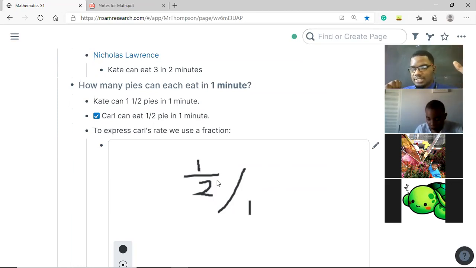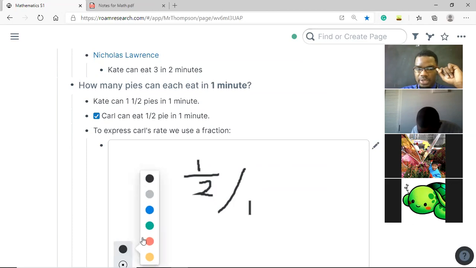Carl can eat half a pie in 1 minute. Exactly. And you express it by putting a half divided by a 1. Or you can just put a half, put pie beside the half, a half pie divided by 1 minute.